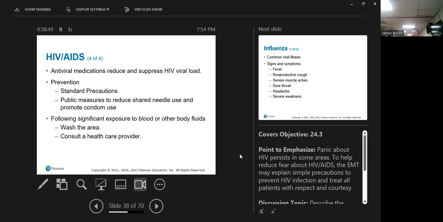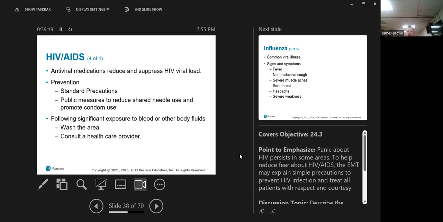These days, there are antiviral medications that reduce and suppress the viral load, which help people prevent transmission of the disease during sex from one person who has HIV to another. The less HIV you have in your body, the less likely it is to progress to AIDS and get worse.